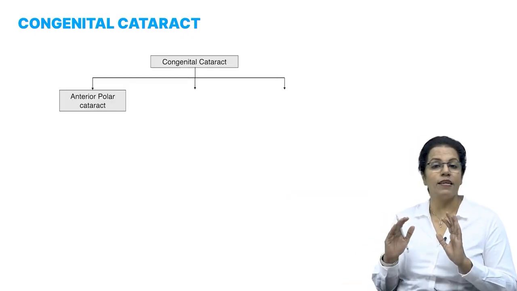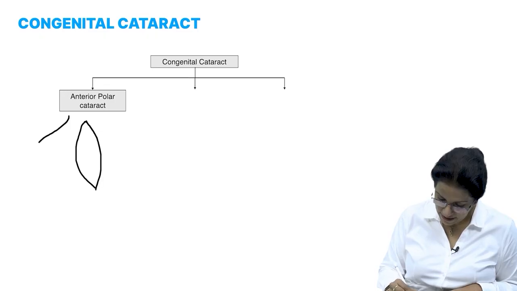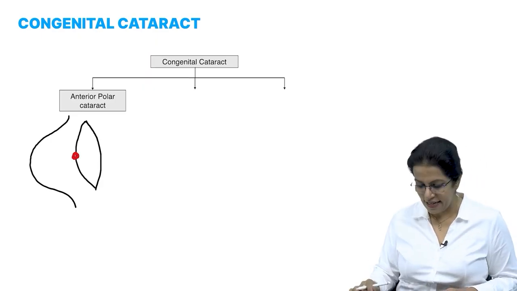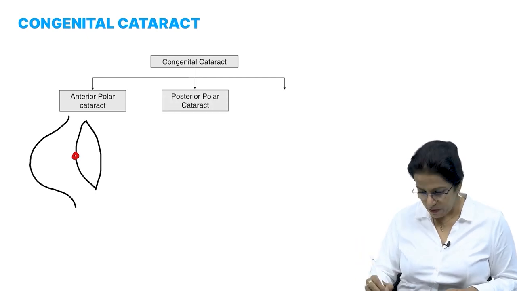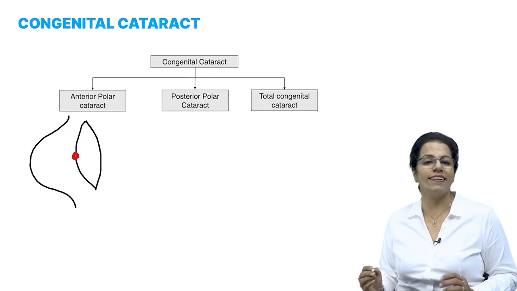Next is anterior polar. When you say anterior polar, we know where the anterior pole of the lens is. We'll draw it for ourselves. If this is the eye and we are saying this part of the area is all cataractous. Next is posterior polar, which will just be the opposite. And next is total congenital cataract.